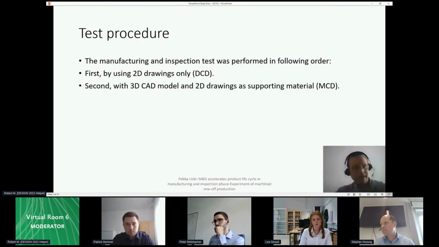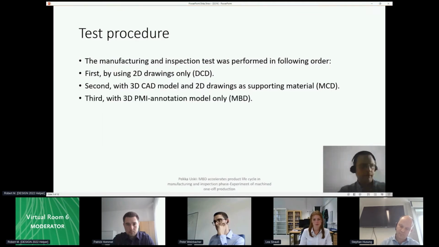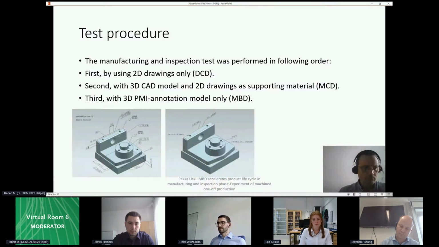Second, with 3D CAD model and 2D drawings as supporting material, model-centric definition. And with 3D PMI annotation model only, model-based definition. And here we can see part number 2, which includes 3D annotations, so-called PMI information.